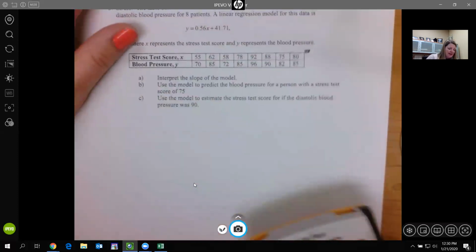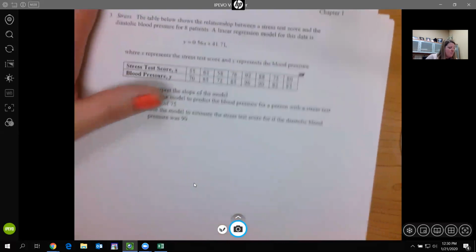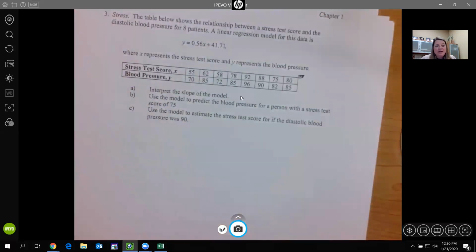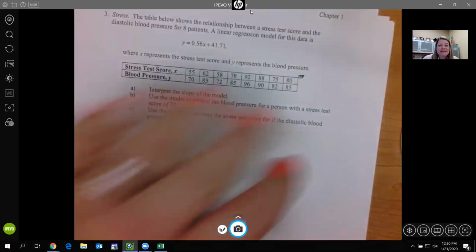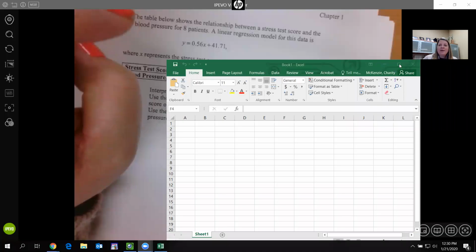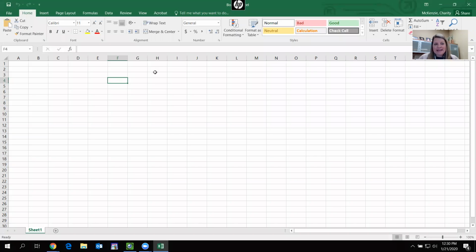Okay, so the other way we can do that, now bounce into Excel real quick. The other way will be in Excel. And again, we have to put in our data. So think of row 1, row 2, our X and Y's. And you can do this in Google Docs too.